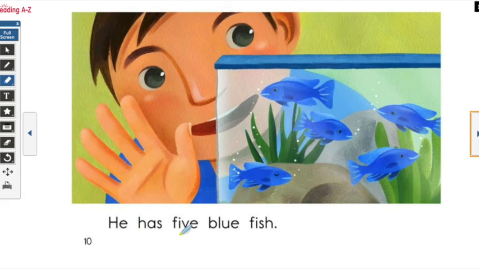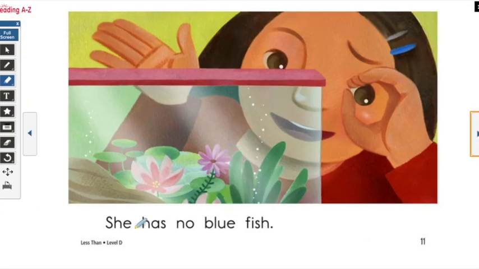He has 5 blue fish. 1, 2, 3, 4, 5. 5 blue fish. She has no blue fish.